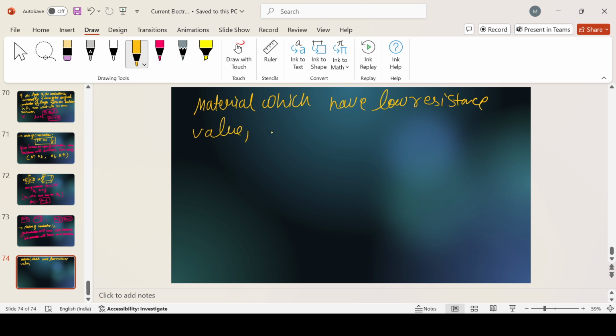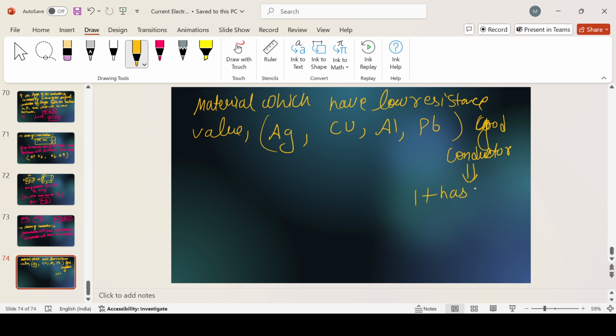Which ones do we have? Silver Ag, copper Cu, aluminium, lead. So these are good conductors. And when we say good conductor, it has free electrons, because free electrons can only conduct electricity. Okay, got it?